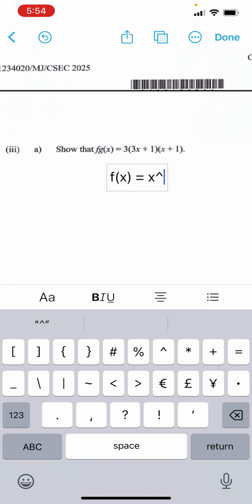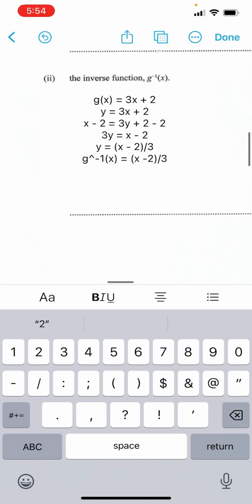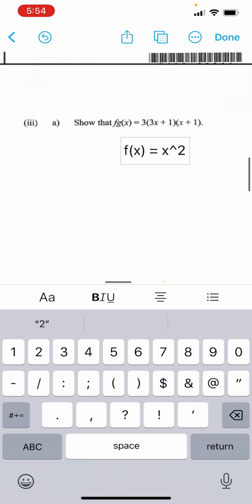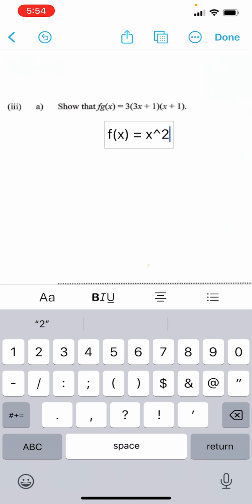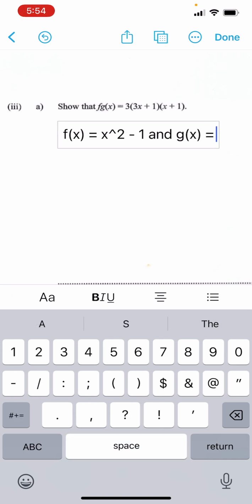I can't do the small 2 or the small 1, so I'll just use this sign to represent an inverse function or a square. So it was x squared minus 1. And g of x, I know this well by now, is equal to 3x plus 2.